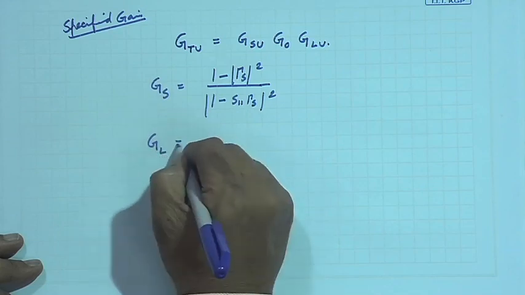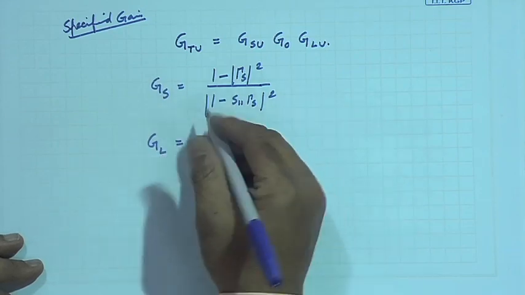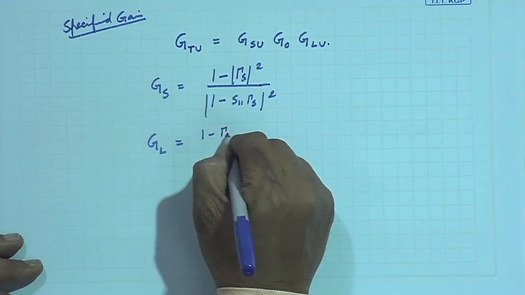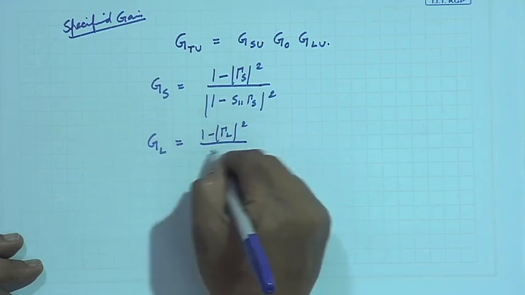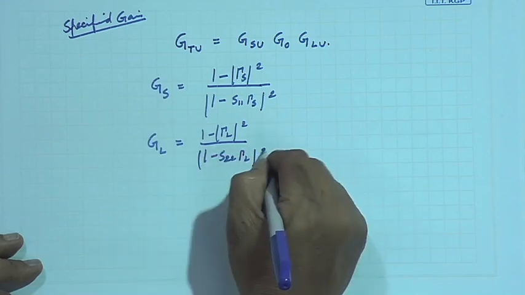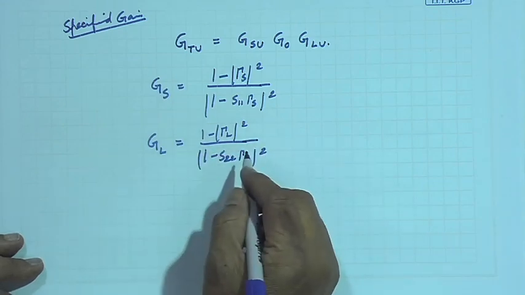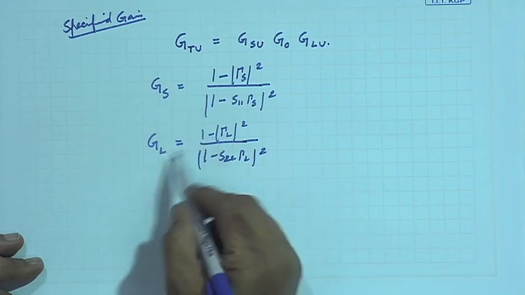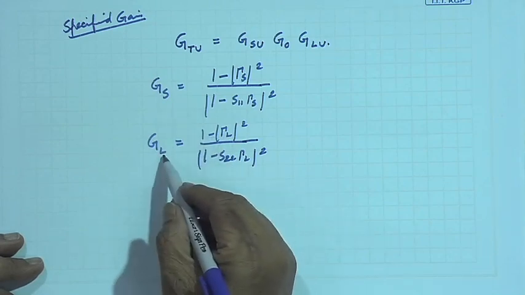Similarly, GL can be written as 1 minus |gamma L| squared by |1 minus S22 gamma L| squared. The moment I have this, I can design the output side from the specification of GL.